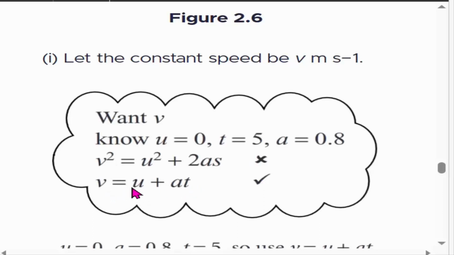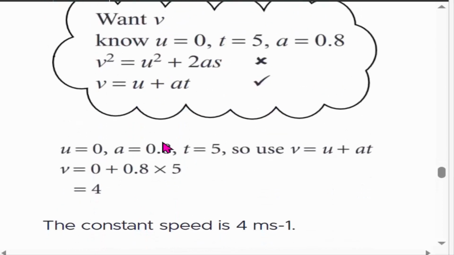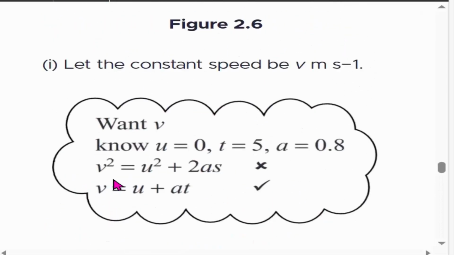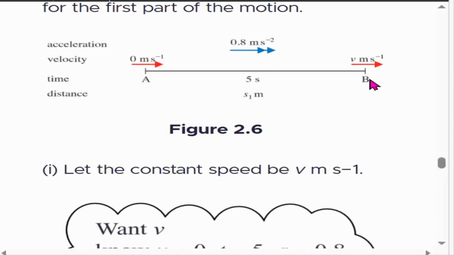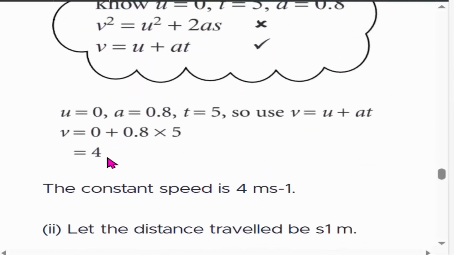In this case we know u, we know a, we know t, so we can find the value of v. Substituting these values in this equation, u is equal to 0, a equal to 0.8, t equal to 5, we get the value of velocity after it travels 5 seconds. When it reaches point B, it is equal to 4 meters per second. That is, the constant speed is 4 meters per second.